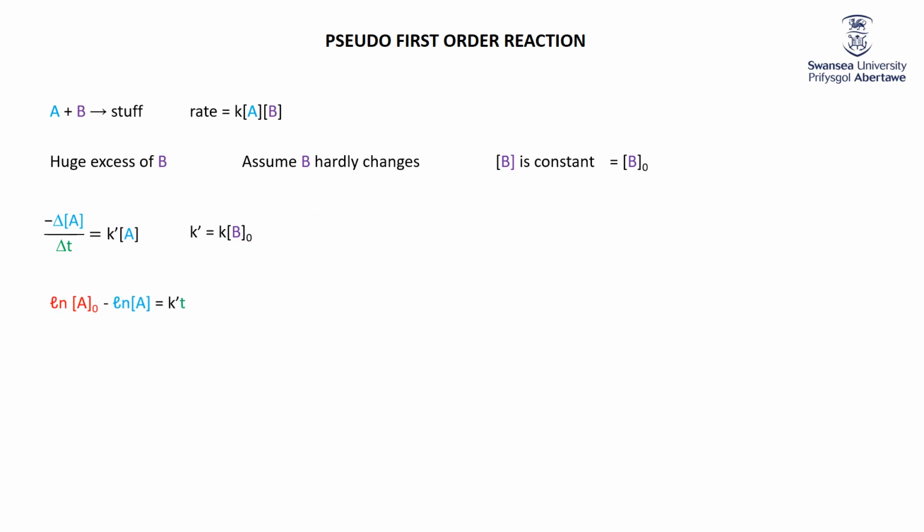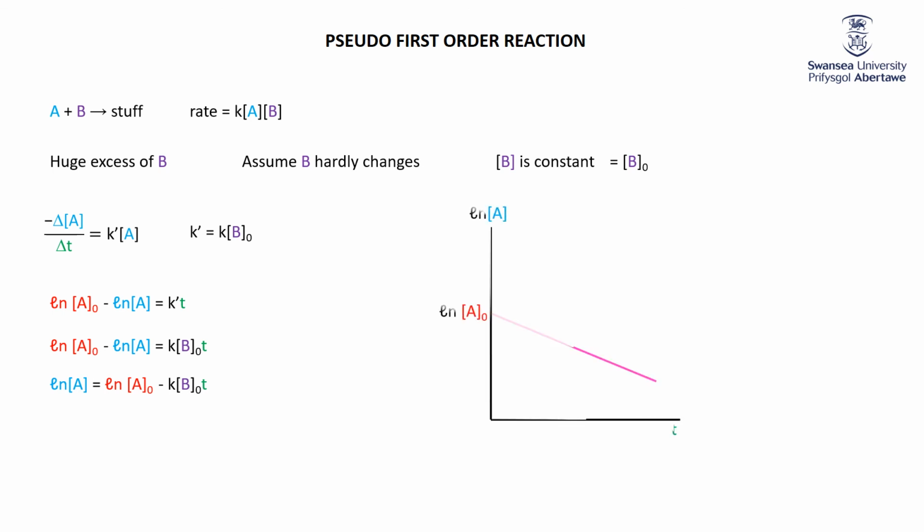Okay, so then you just do all the usual old thingies. Now when you plot it, you'll still plot log of A against t. You'll still get a straight line where the slope is minus k times the concentration of B0.